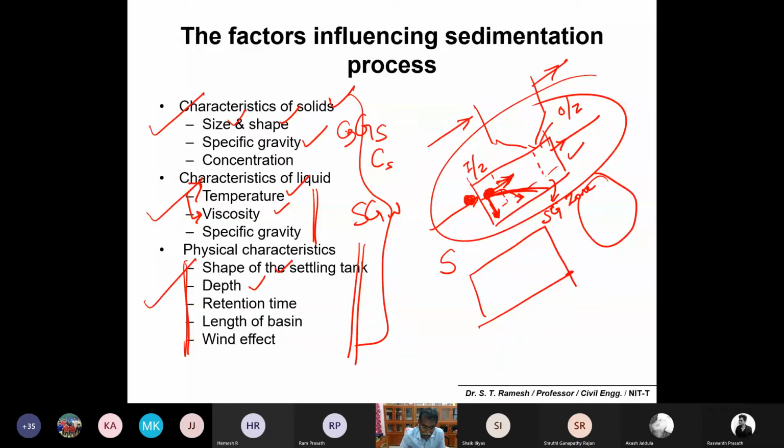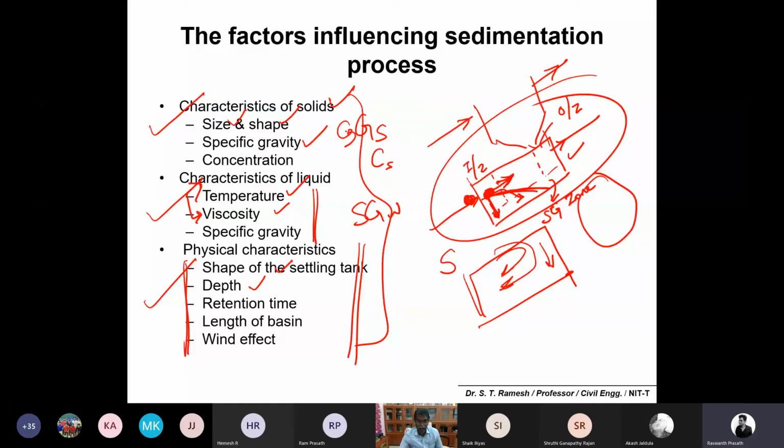Wind causes local circulation of solids at the top and will not allow the particles to settle at the bottom of the tank. These are preliminary concepts for your understanding, not for examination. Just remember the characteristics of the liquid, the solids, and the physical characteristics of the tank dimensions.